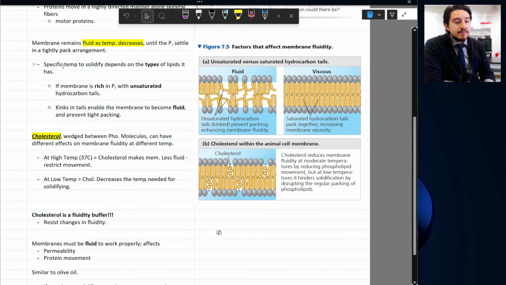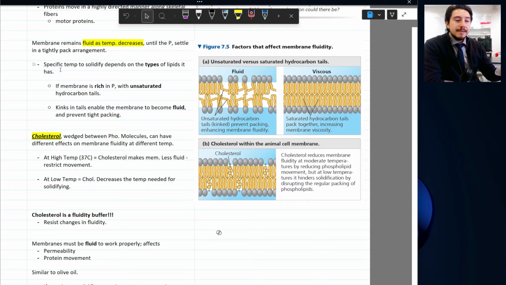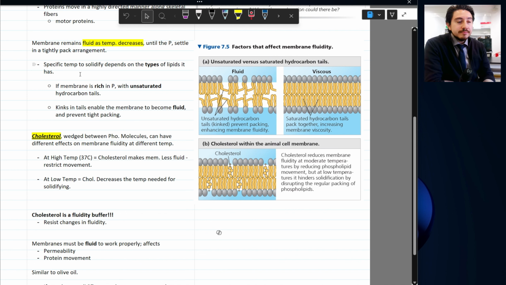Remember when we talked about lipids and how saturated and unsaturated lipids can be a solid at a certain temperature or a fluid at another. The specific temperature at which a membrane solidifies depends on the type of lipids it has and whether they're unsaturated or not.